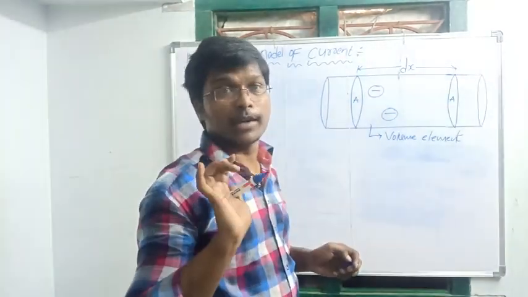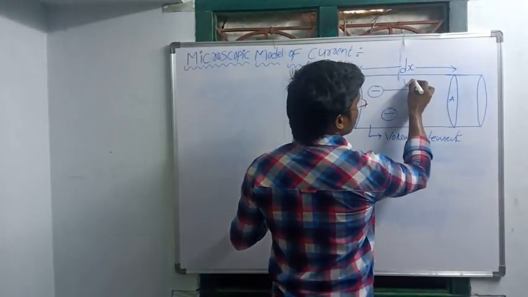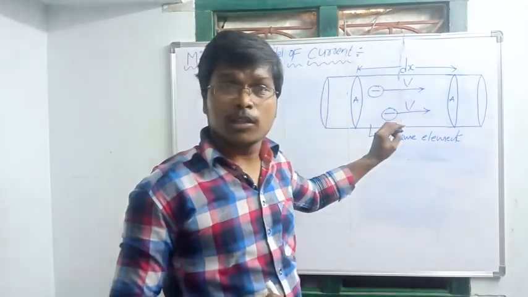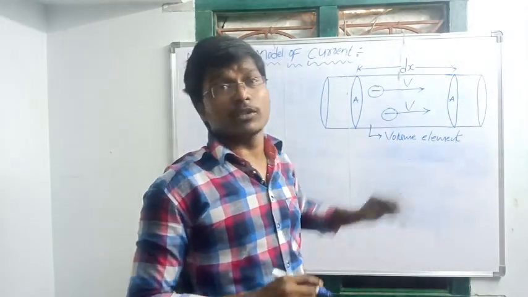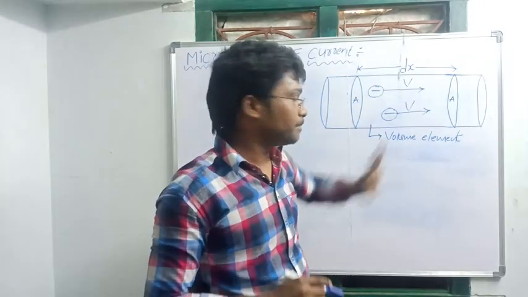Small n number of electrons, and all these electrons are moving with a velocity v. All the electrons are moving with a velocity v.